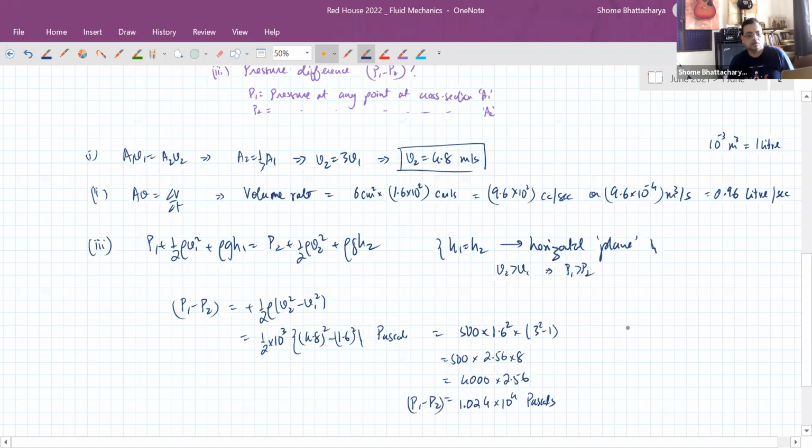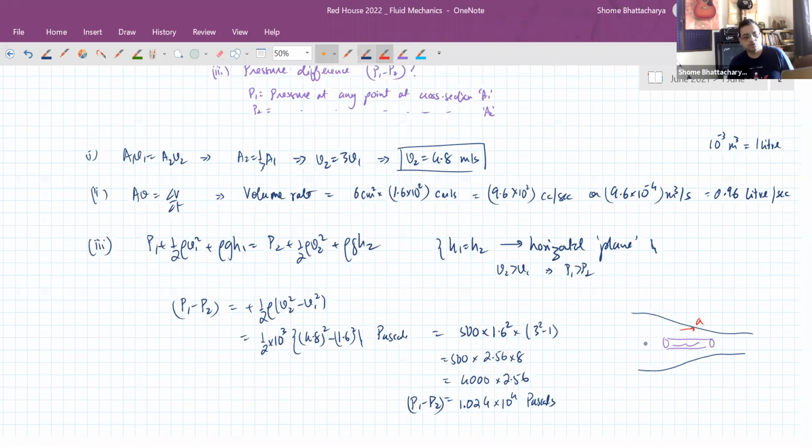Okay. Now we've already understood why P1 is greater than P2, because as a fluid element is going across this section, you can see that it's accelerating. Okay. So the force due to pressure from this side should exceed the force due to pressure from this side.